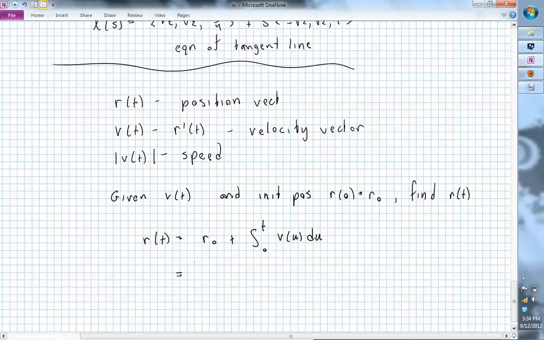And what does that integral of v of u du look like? You've got the initial position, you've got this vector of essentially 3 integrals.